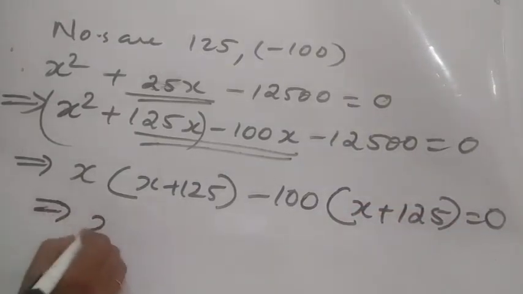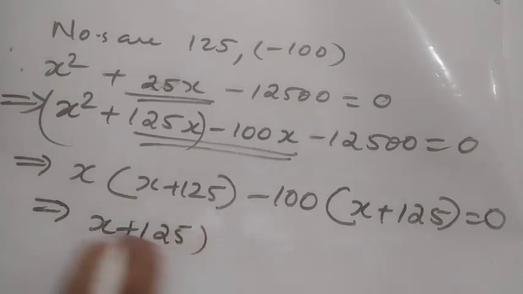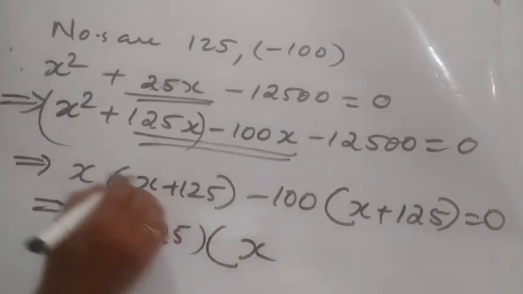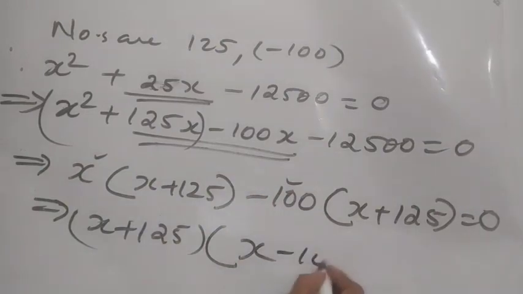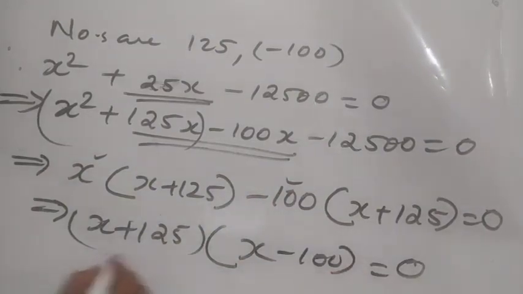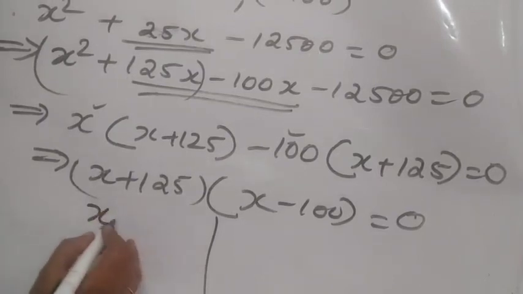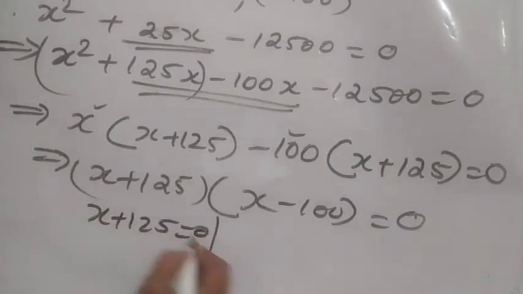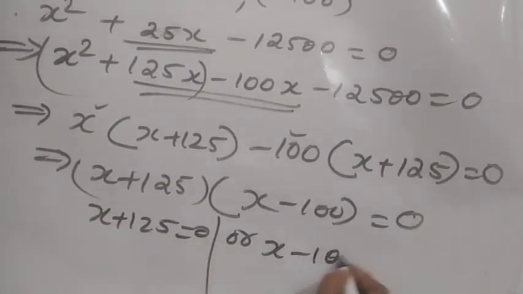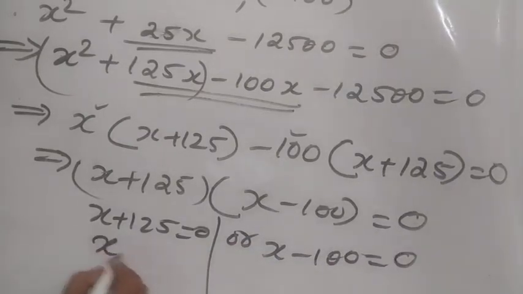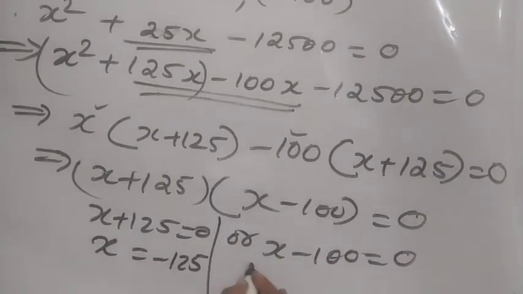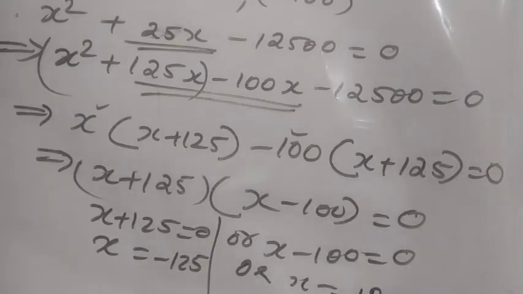So x plus 125 is common here, and the remaining terms are x minus 100, equal to 0. We can apply the zero product rule. x plus 125 equal to 0 or x minus 100 equal to 0. That is why x equals negative 125 or x equals 100.